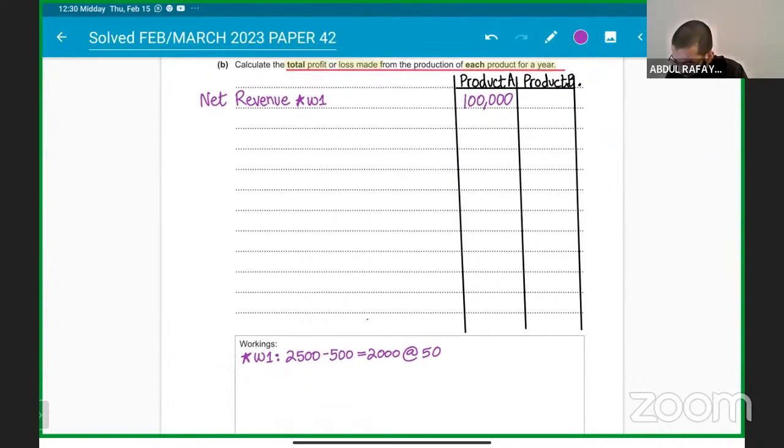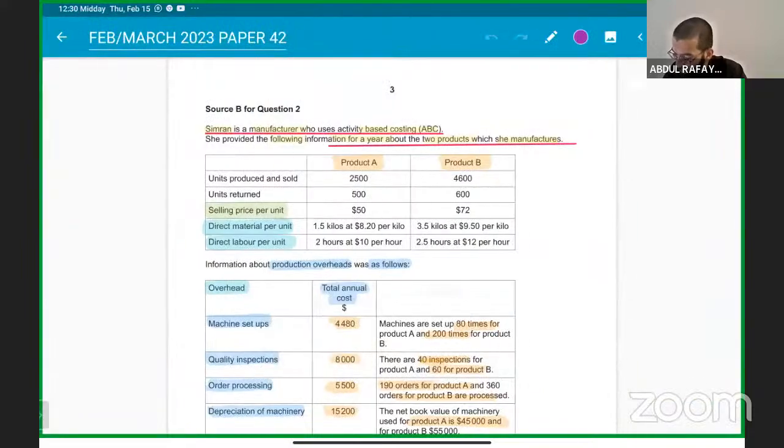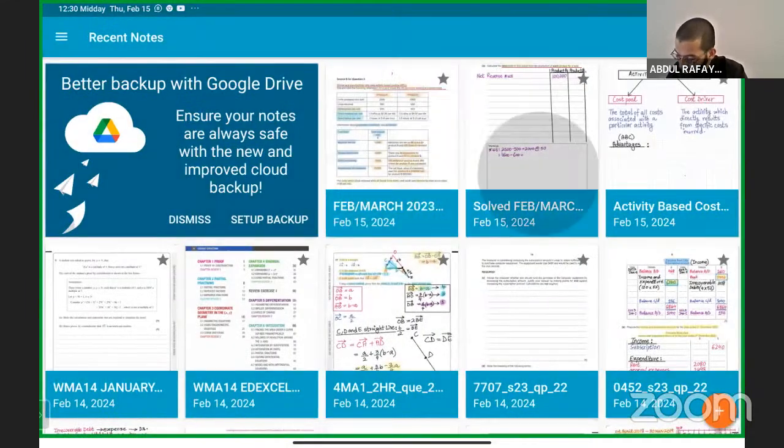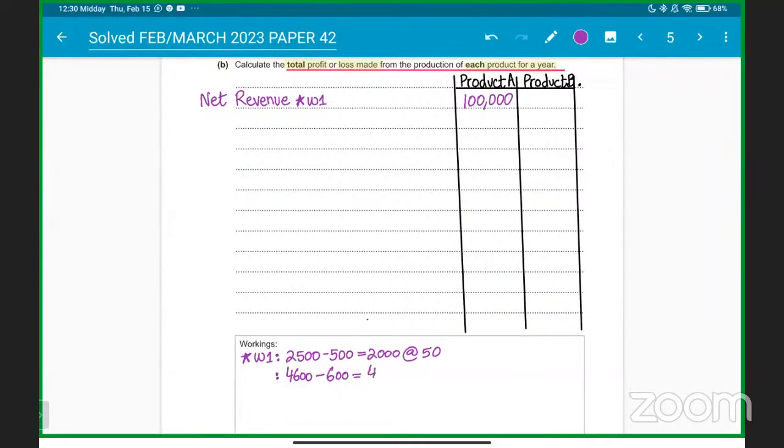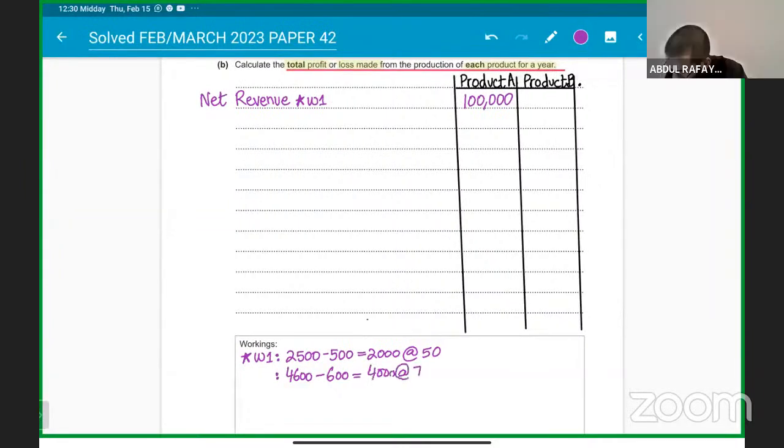And we'll do product B in the same way: 4,600 units minus the 600 units that are returned and faulty, into the selling price that is given, 72. So 4,000 at the rate of 72, that is coming as 288,000.